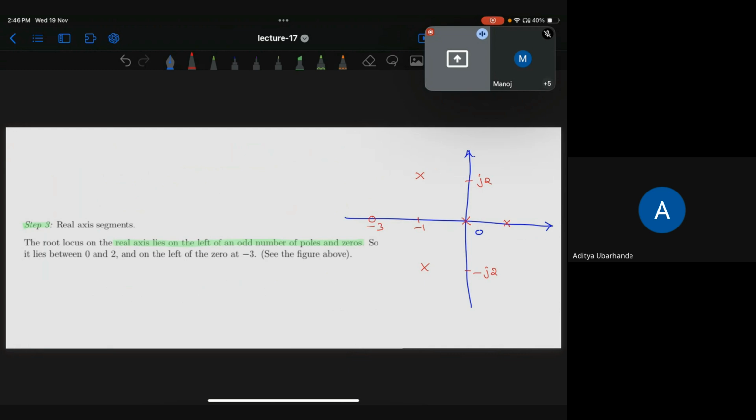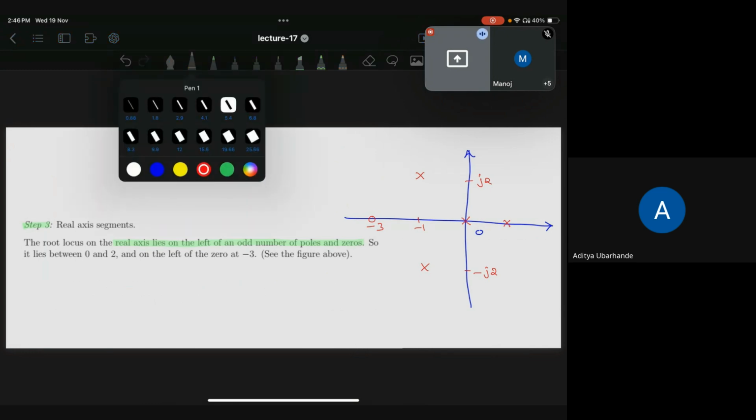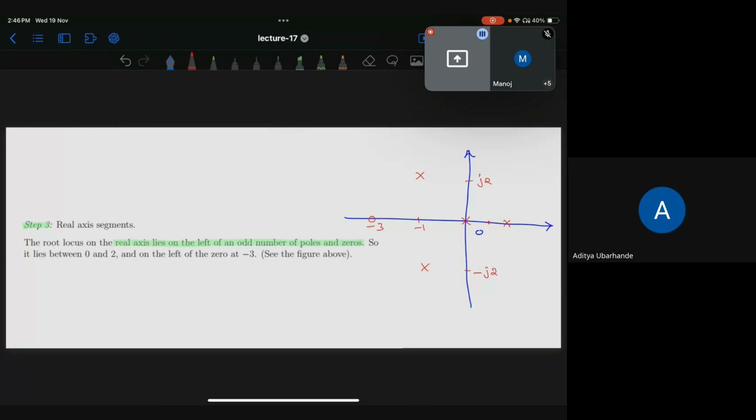So what we do is we come from the right side and check how many poles and zeros are there. At this point, only one pole exists on the right-hand side, hence this entire segment is part of the root locus.